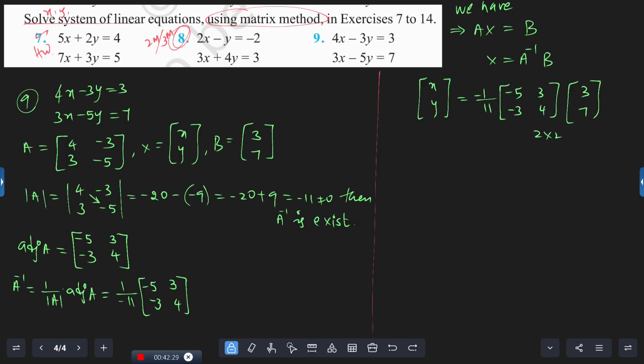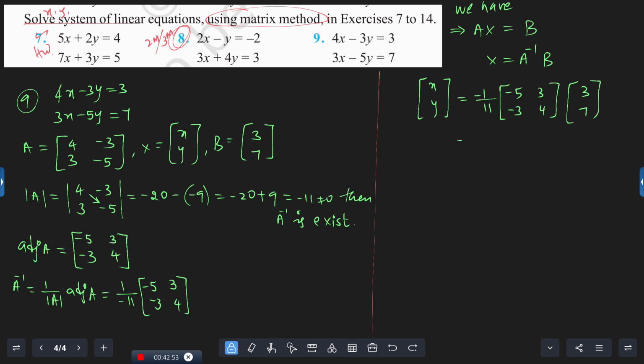This is 2 by 2. Here 2 rows, 1 column. If you check, the order exists. Suppose if you change it, the order will not exist. That is why you should be very careful when you do matrices. Here when you do the determinant, you must be very careful.